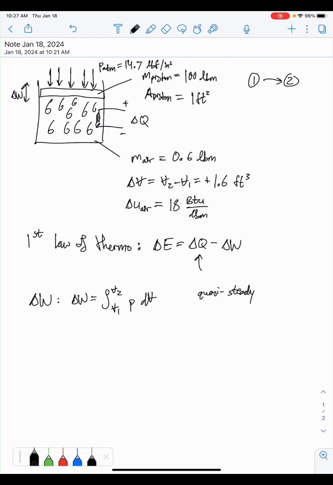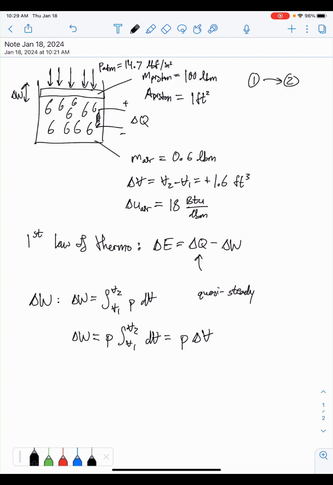It can be treated as an isobaric process because the process is so slow, so slow that we're able to maintain constant pressure. End of the day, it's just this. And if we look at the PV curve, it'd be like a rectangle section.